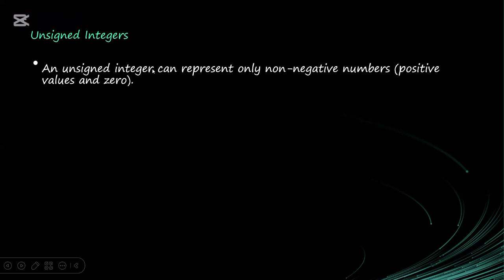But for the unsigned integer, we only represent positive values. We don't represent negative values. So we use the whole bit to represent positive values. That means the unsigned integer will have a wider range, especially when it comes to positive values. It can represent only non-negative numbers from 0 upward, although it still has its own range based on the number of bits we are using.